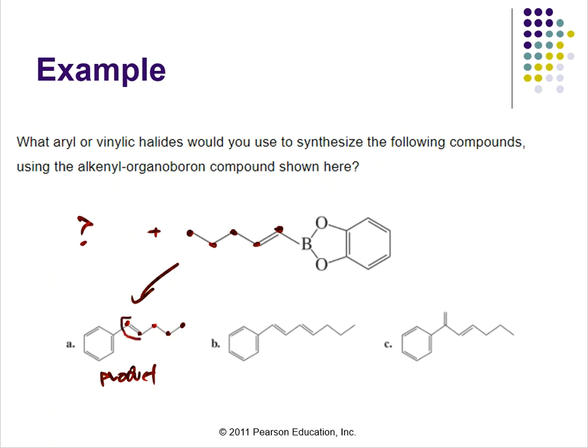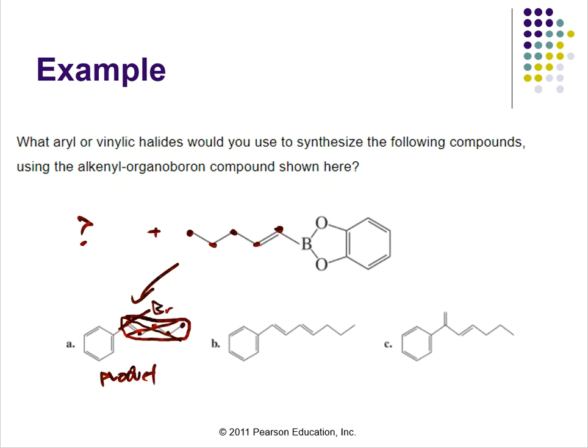So what this means is that this piece was added on to a halide. So this was not there, and instead what was here was something like a halogen. And in the directions, it just says a halide. It doesn't really tell me which one, and I'm just going to put a bromine here.